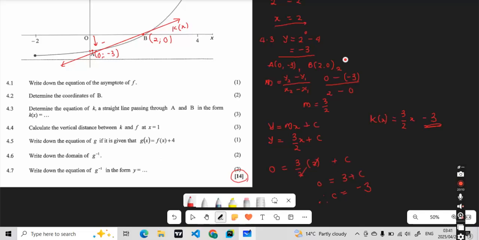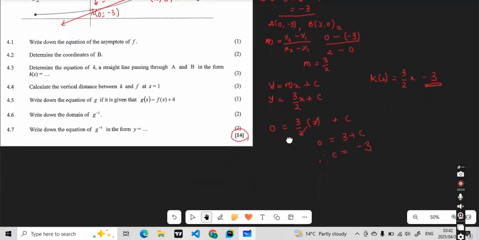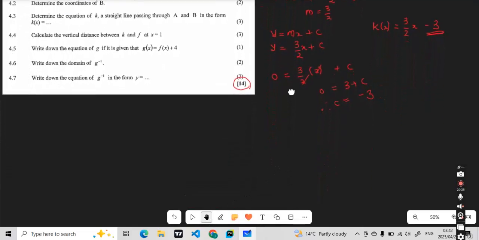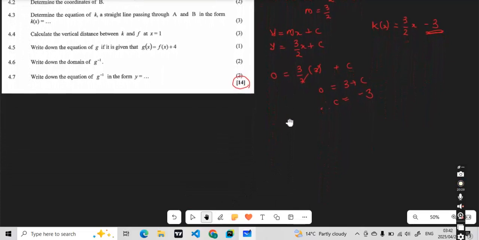We are going to have to find k of 1. Okay, let me rub this. Let me make a space, because we don't need them anymore.